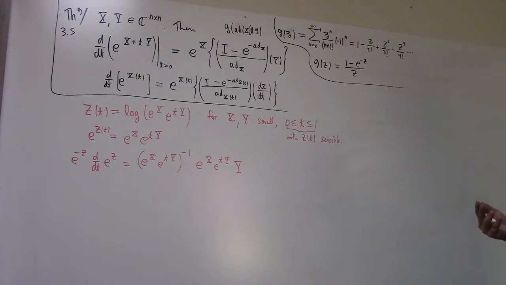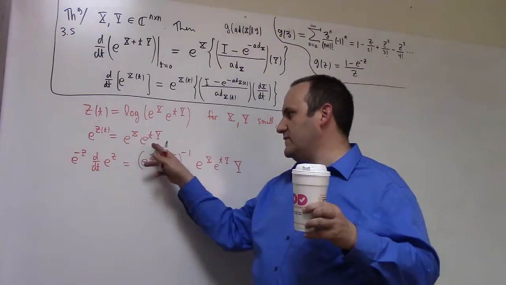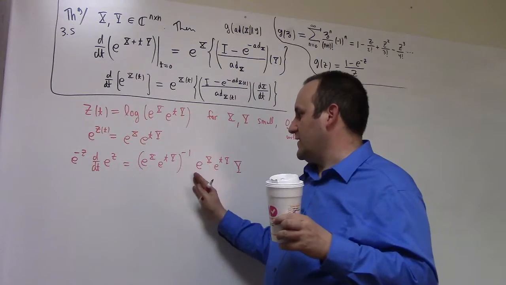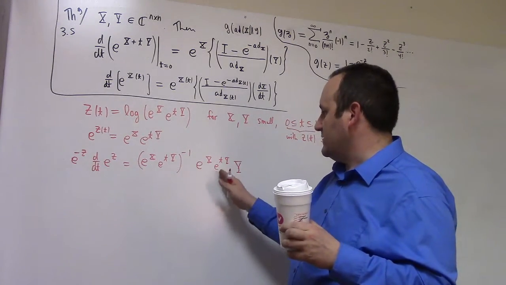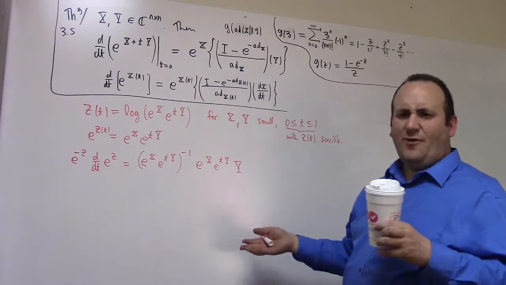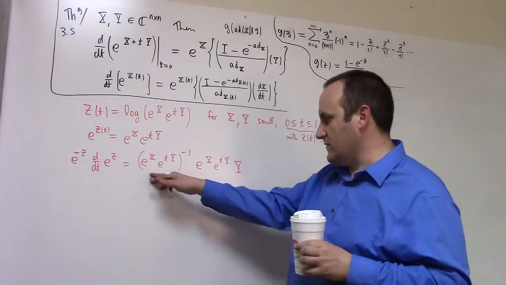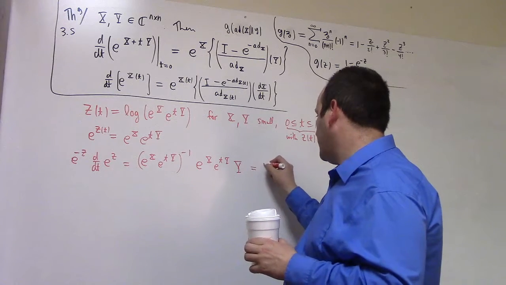And then I think it's just differentiation, right? If I differentiate with respect to t, e to the x is a constant, so it just pulls out. And the derivative of e to the ty is just e to the ty times y. This is just elementary matrix exponential stuff, nothing big here. Now these are inverses, right? So we're just left with y. Yes, y.